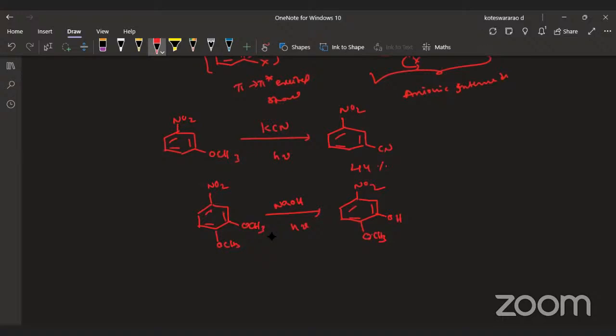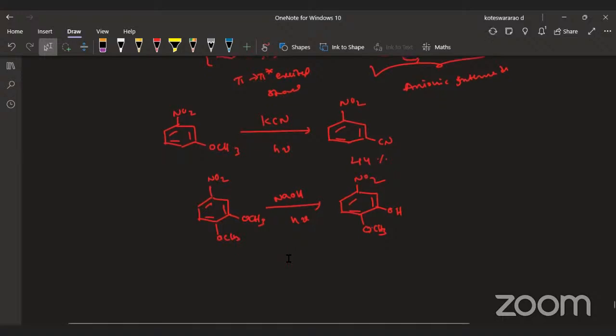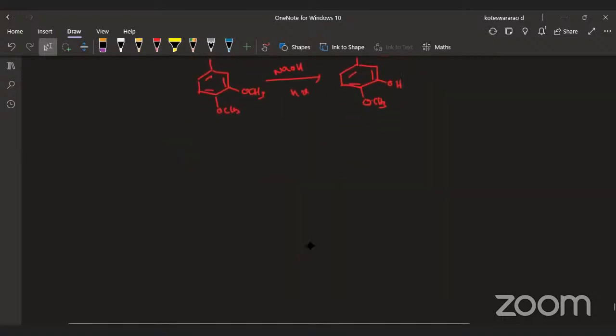You can understand. And another kind of derivative, meta nitrophenyl phenoxyalkylamine derivatives, undergo intramolecular photonucleophilic substitution reaction to give the corresponding N-metanitrophenyl alkanolamines with good yield. This reaction is known as Photo-Smiles rearrangement.